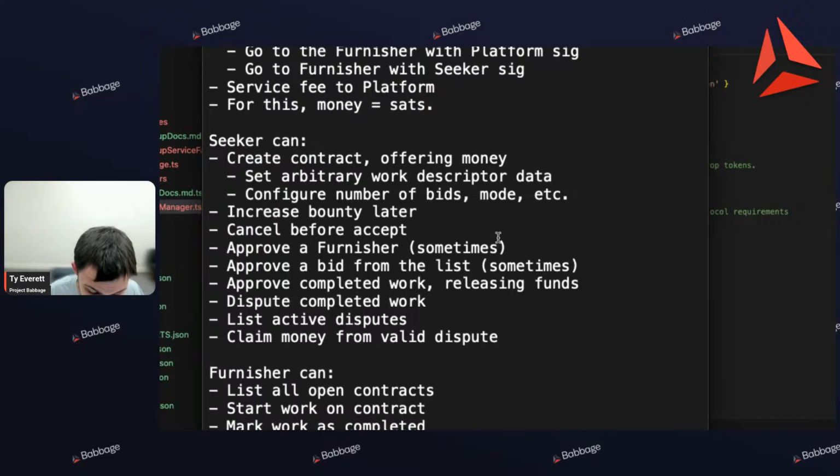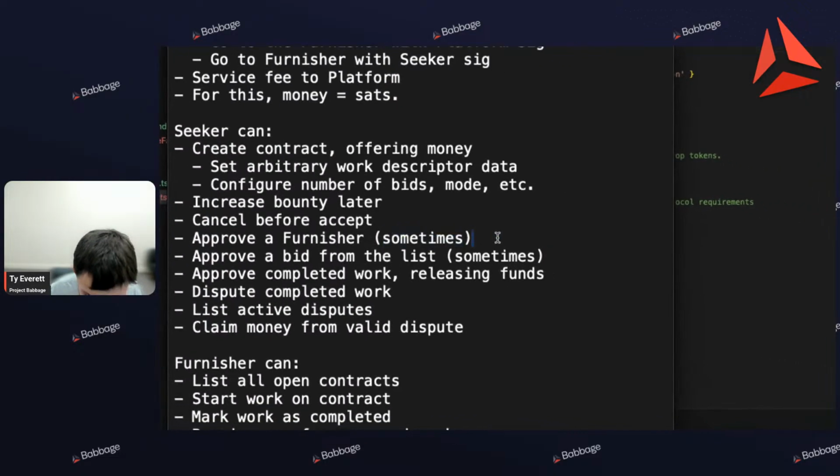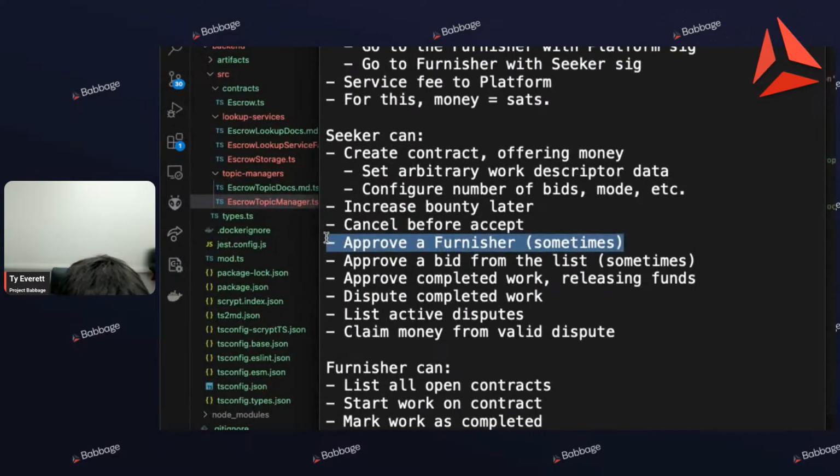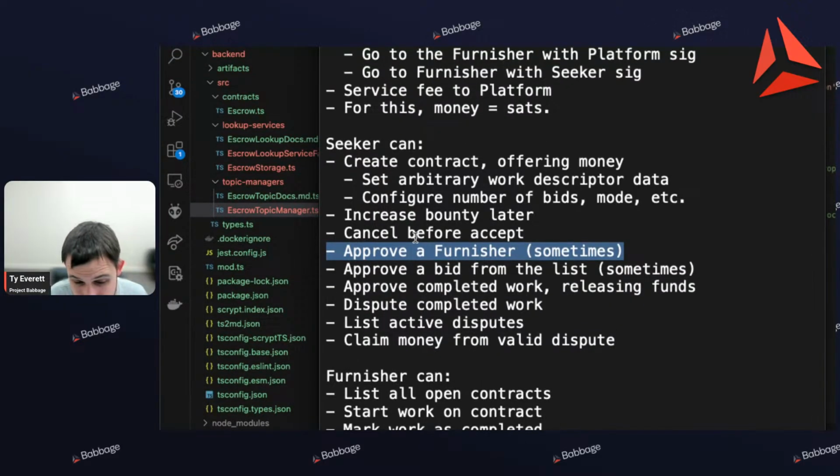And sometimes there will be only one furnisher and they just get approved or not. Although simplifying that down to just having a list that could have a maximum of one bid in that case could be good. But then, yeah, that can be that way. Okay.